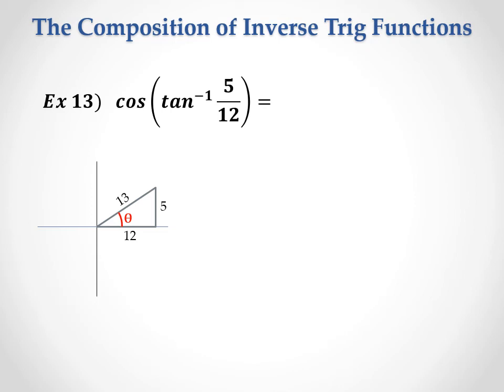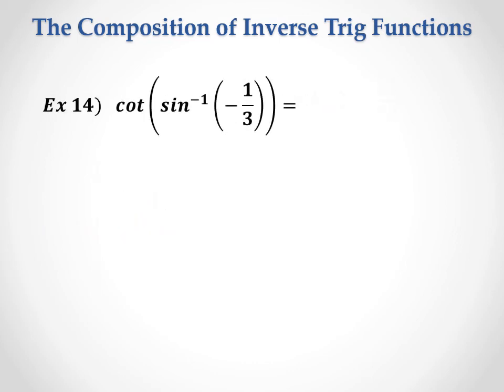There's no way to find that angle, not as an exact value anyway. So we're looking simply for the cosine of that unknown angle, and fortunately the cosine is the x over the r, so that's 12/13. We won't ever really know what that angle theta is, but we don't need to, because we're not asking you to find the inverse tangent of 5/12. We're asking for the cosine of the inverse tangent of 5/12.